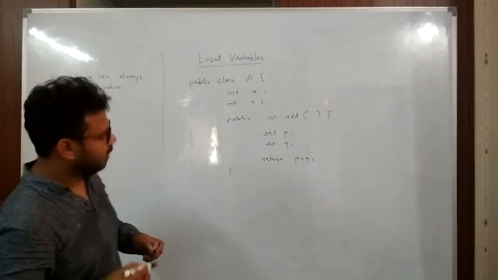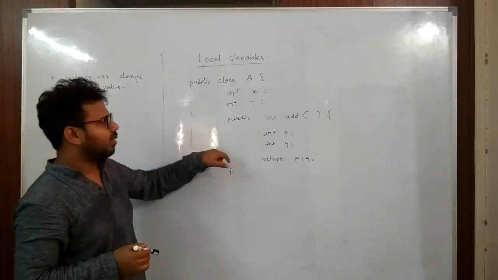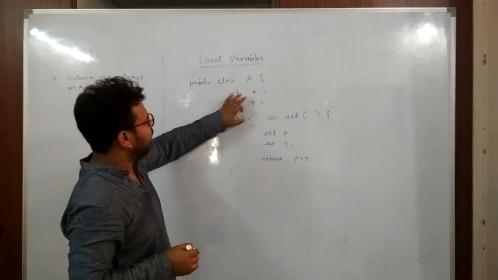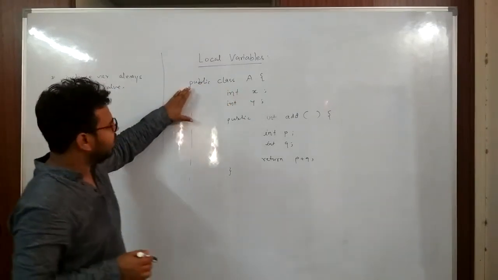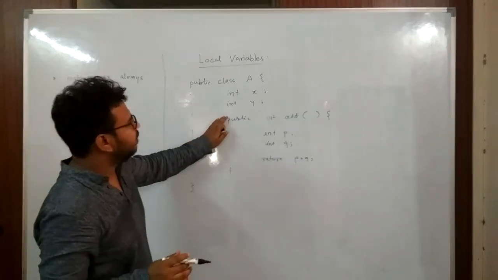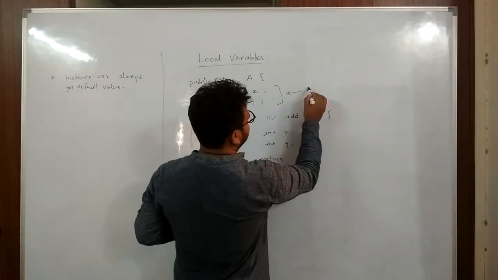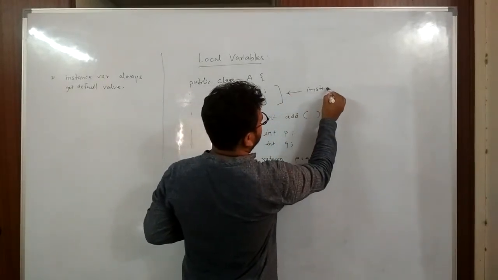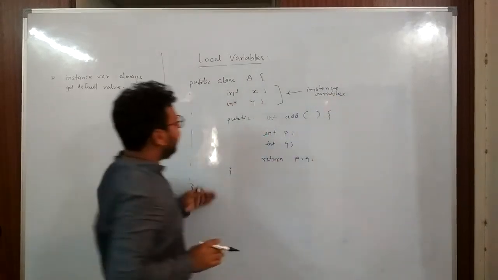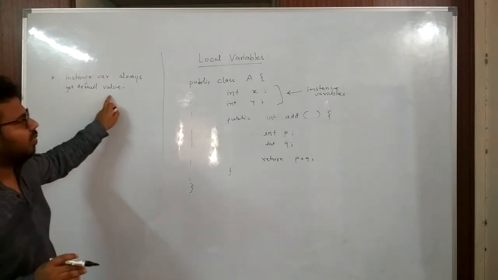Now understand the concept here simply, which I am going to repeat for instance variables. All the variables, that is int x and int y, that are inside a class and outside a method are called instance variables. And instance variables always get the default value.